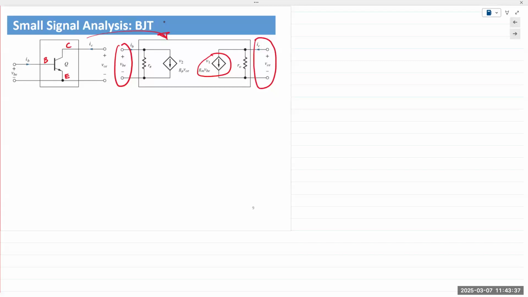In this case, instead of showing IB, we are showing GMVBE, because you're using a Y parameter 2-port network.